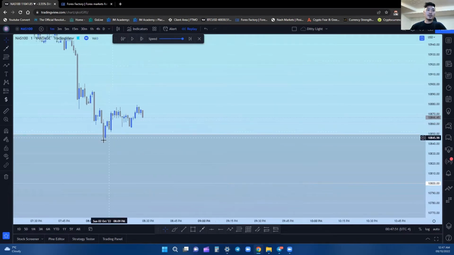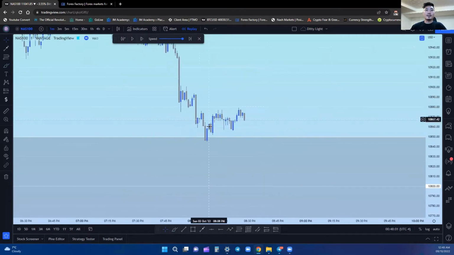So I didn't position myself here. I was waiting to see really what the price will tell me. So what I see is, okay, if you look at this, on the 1 minute, what happened? So we push it down, retrace, push it down, retrace, push it down, retrace, and this here should create what?